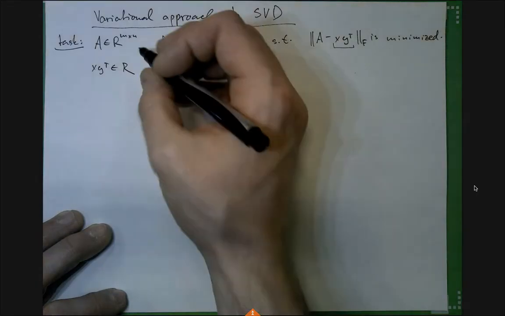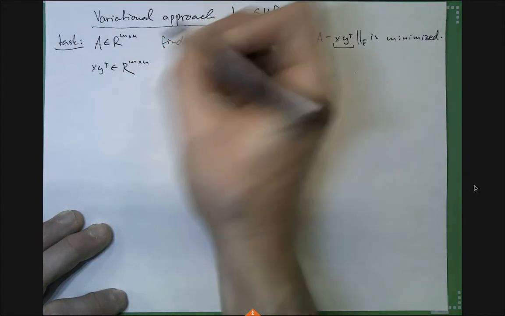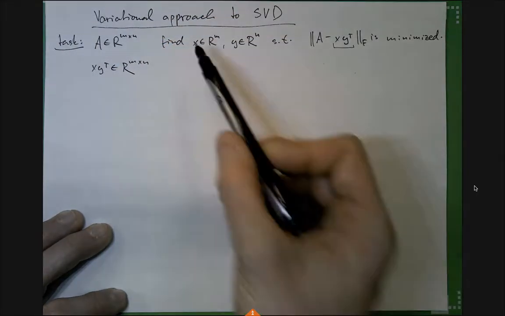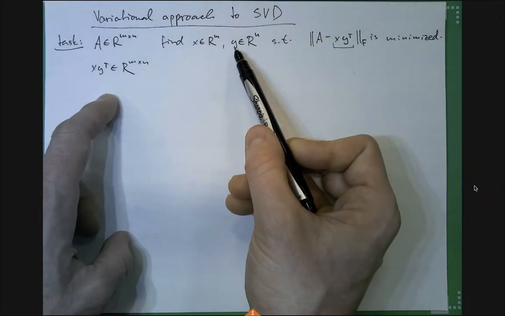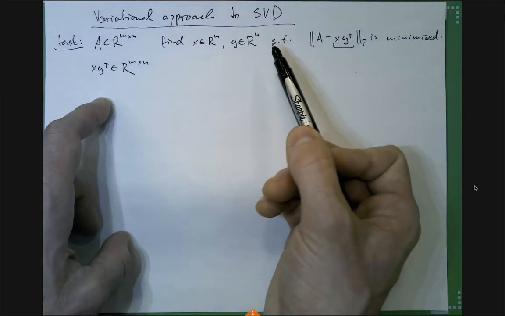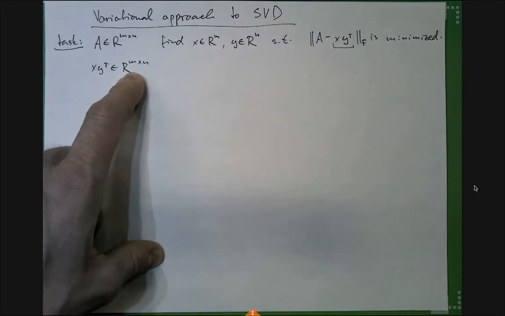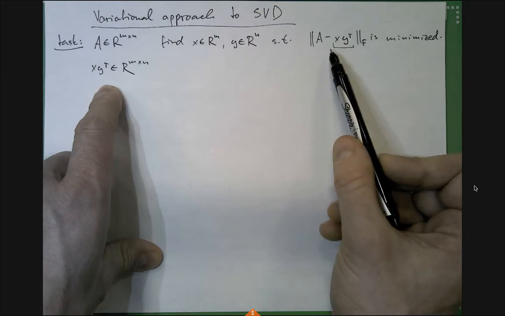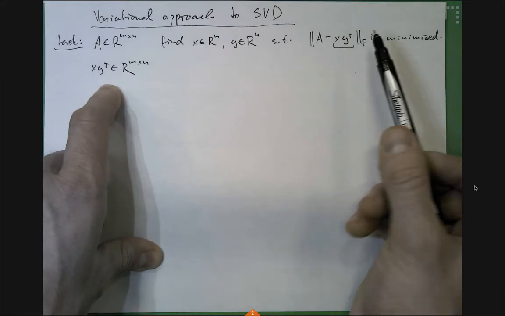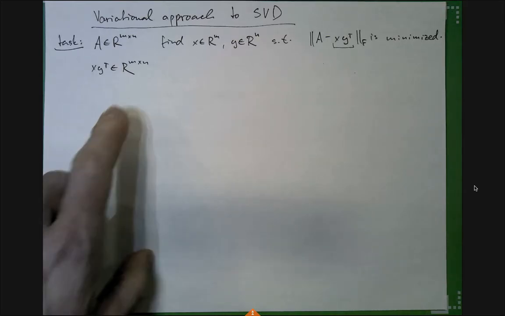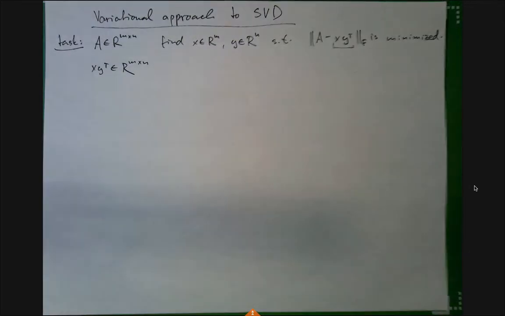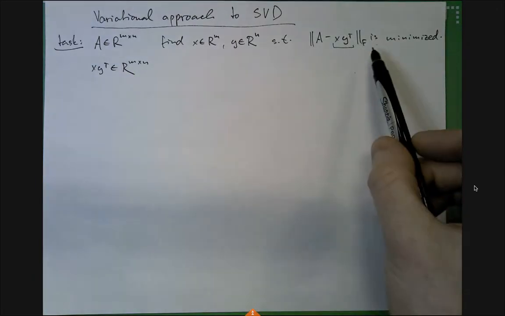That's such a simple question that it's not even worth asking. That's an m by n matrix, right? Because x is an m by 1 vector, y transpose is a 1 by n vector. If I multiply them, I certainly get an m by n matrix. If it wasn't, I couldn't even define this minus. Try doing minus in MATLAB with matrices of different dimensions, all you get is an error. So then I can subtract it, and then I can compute the Frobenius norm.